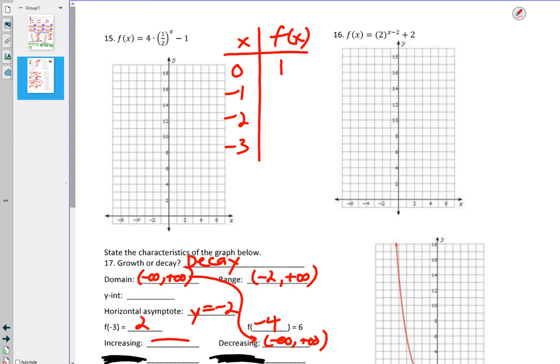Good. What is 1/2 to the negative 2 power? 4. Good. Jason, what's 1/2 to the negative 3 power?